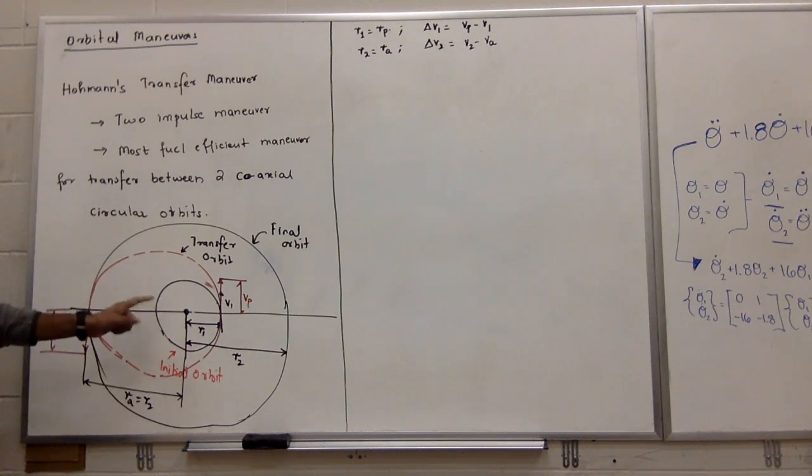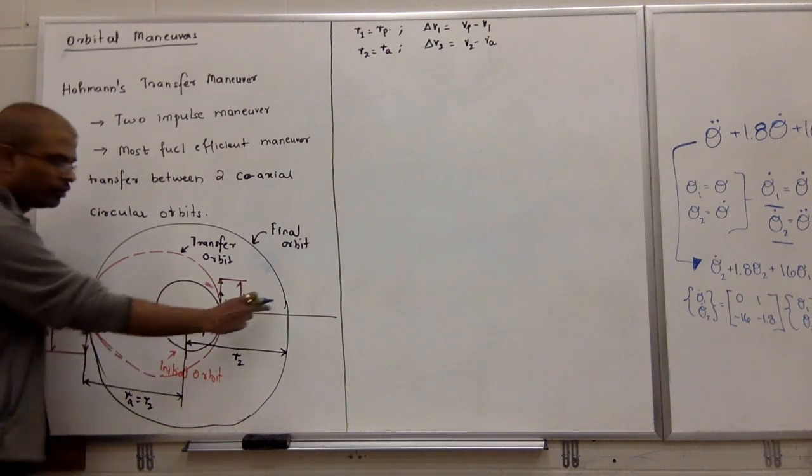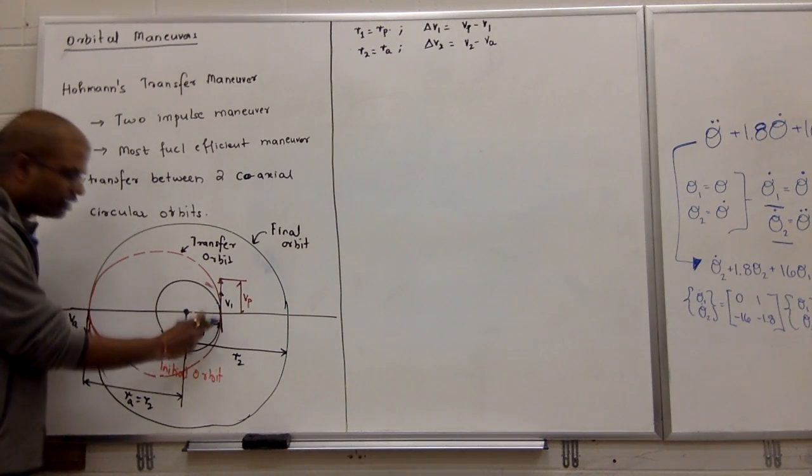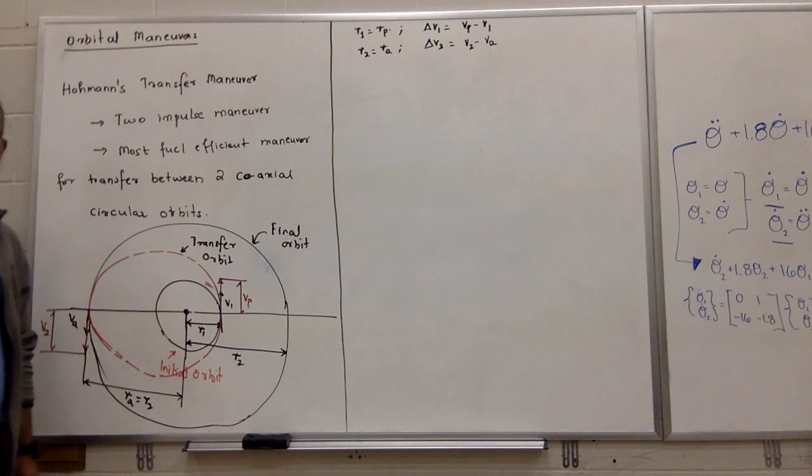Can I go from the final orbit to the initial orbit? It's the exact same process. Instead of increasing, I'll decrease.